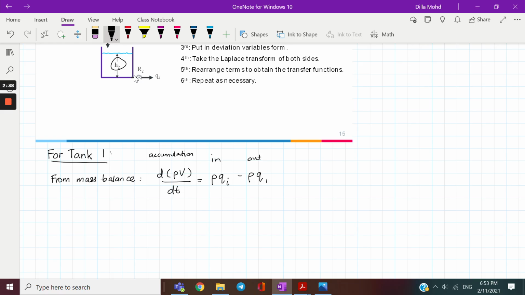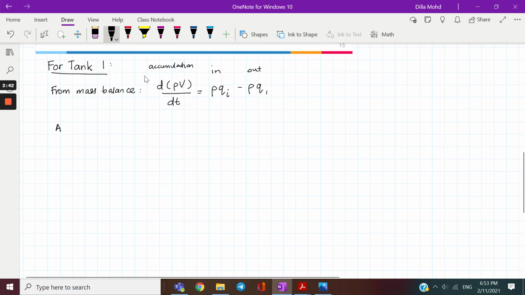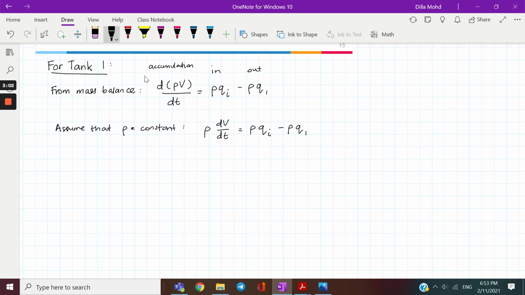We can assume that rho, the density, is constant. So that will give you your equation: rho dV/dt equals rho Qi minus rho Q1. We can cancel the density.